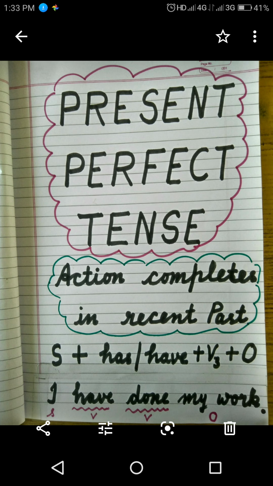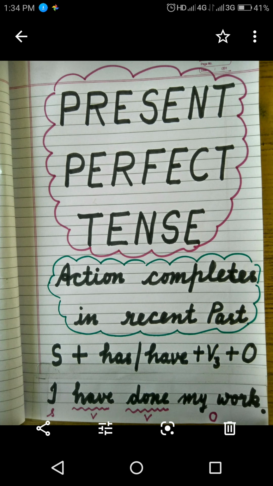And when do we use present perfect tense? When we are talking about an action that completed recently in past. It means that when we are talking about an action which was continuing in past, started in past, continuing in past, and completed recently when you are talking about it, right?